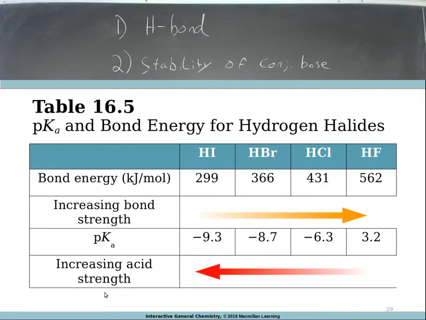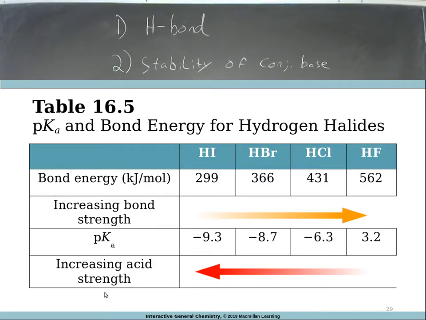And HBr and HCl and HF are all similar to HI, but you can see their pKa values show a widely different acid strength range. And if we look at the bond dissociation energies for these molecules, how strongly the hydrogen is bound to its halogen partner, we can see that a molecule like HI has a weak bond.